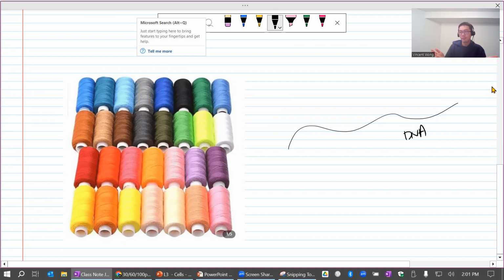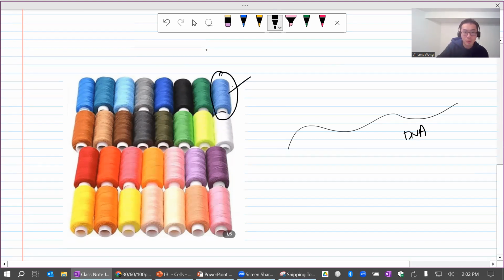You agree? So when you wrap the DNA around the core, around the protein, this is essentially what we call chromatin. It's nicely packed with the protein and very organized. They're not going to get tangled up.